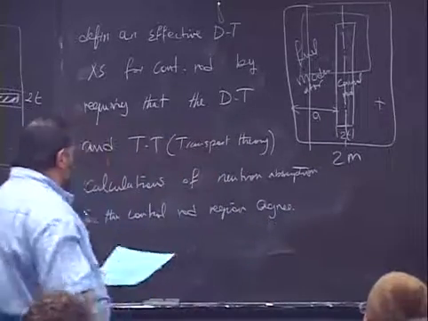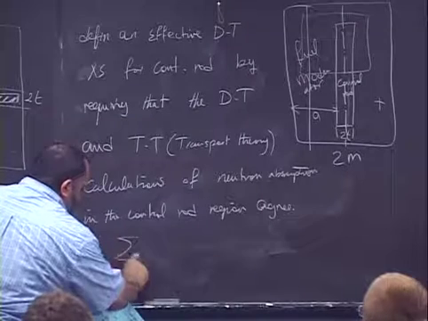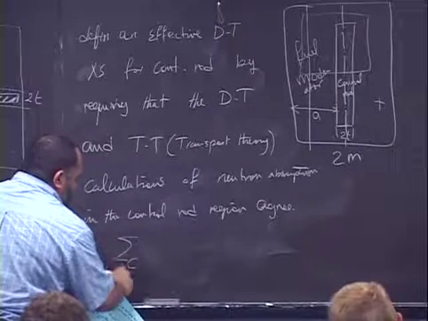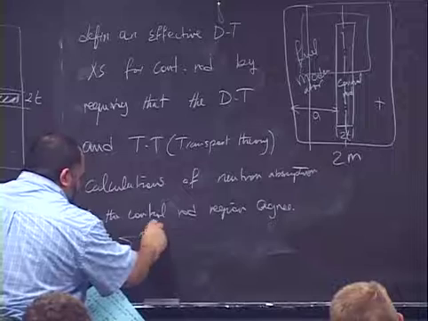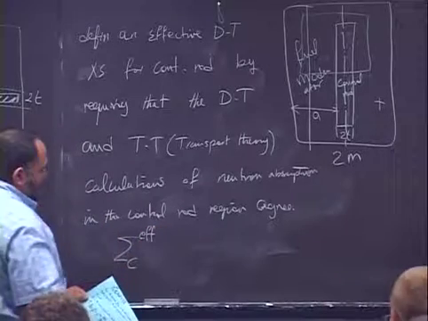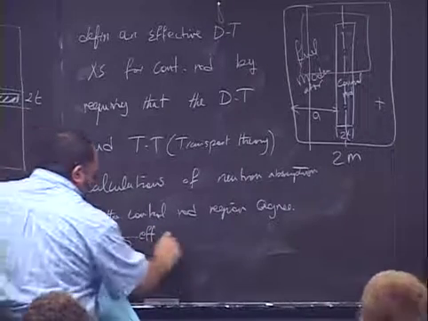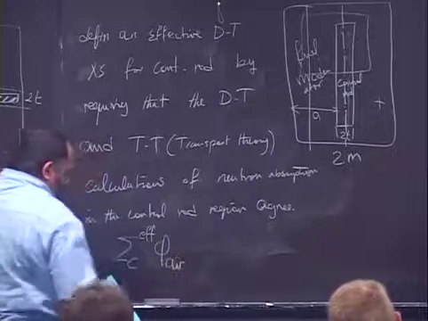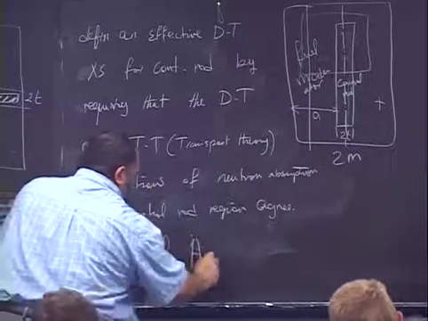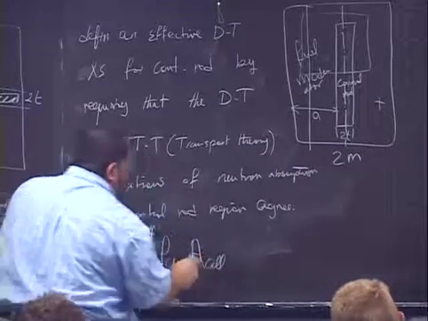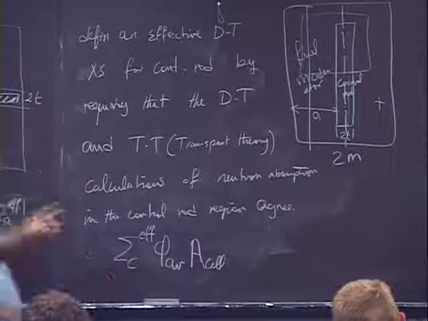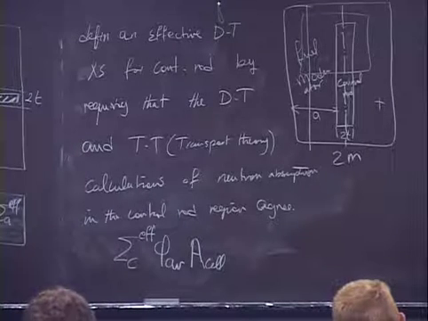So how to do it? We'll just say, okay, sigma C, the control rod effective absorption cross section, multiplied by the average flux multiplied by the area of the cell. We will use, as I told you, 1 centimeter in the z direction.